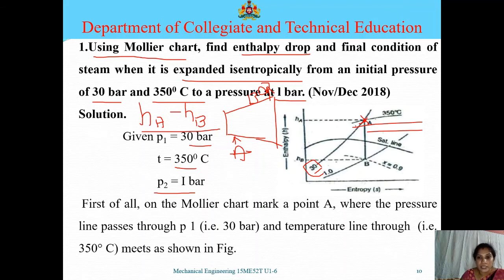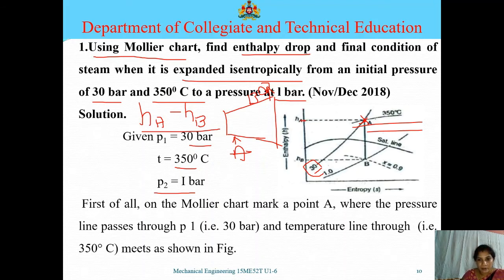So the intersection of pressure and temperature line, I'll mark that point as A or 1. That's left to you people. Mark it as A and take out your scale and draw a line, or just keep your scale straight so that it will intersect with the axis of the Mollier chart.